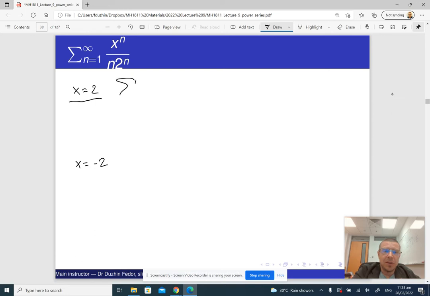Then our series is the sum from 1 to infinity of 2^n, where I've replaced x with 2, divided by n times 2^n. And this is just the sum from 1 to infinity of 1 over n, because these two cancel out. And this is the harmonic series, and it diverges. So x equals 2 is not in the interval of convergence, because the power series diverges at that point.